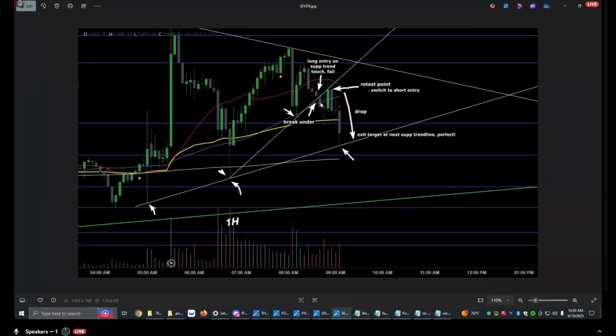So what I was able to do next is set an exit of my long position just a pinch above my entry and exit break even. And then change to shorts at the retest of that same trend line. This play worked out perfectly. The stock dropped to my next drawn out trend line for exit.